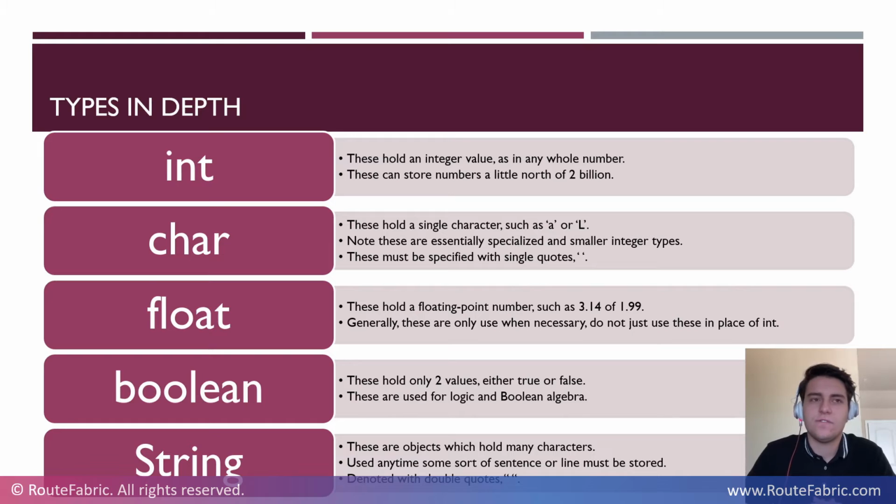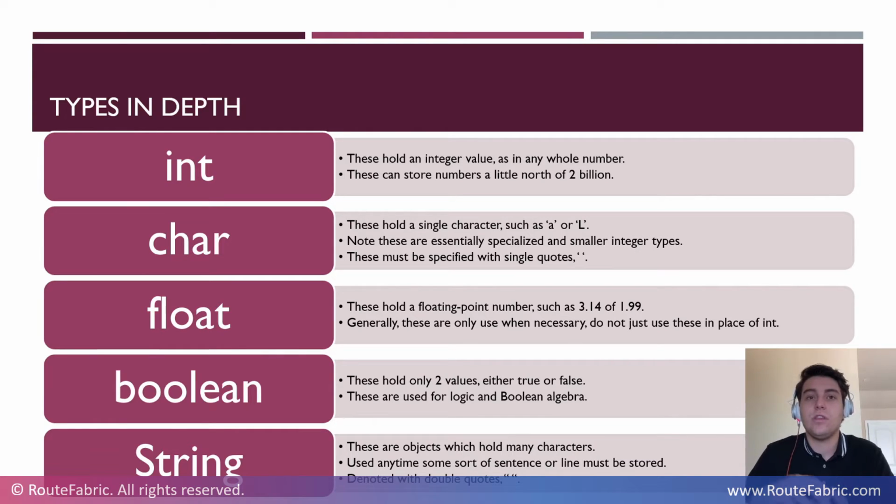A lot of people, when they first start, will think, oh, well, int is a number, and float is also a number, but float has more power, right? Because you can put decimals with it, and you can't do that with an integer. So why wouldn't you just use a float all the time? Even when you only need an integer, wouldn't it just make more sense to use a float? Because then later on, if you do need a decimal, you can just add it on there and you don't have to change the type or anything like that.